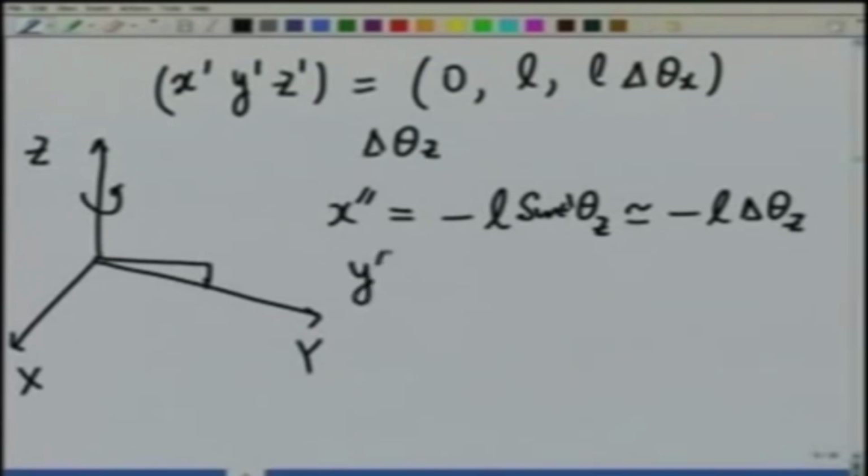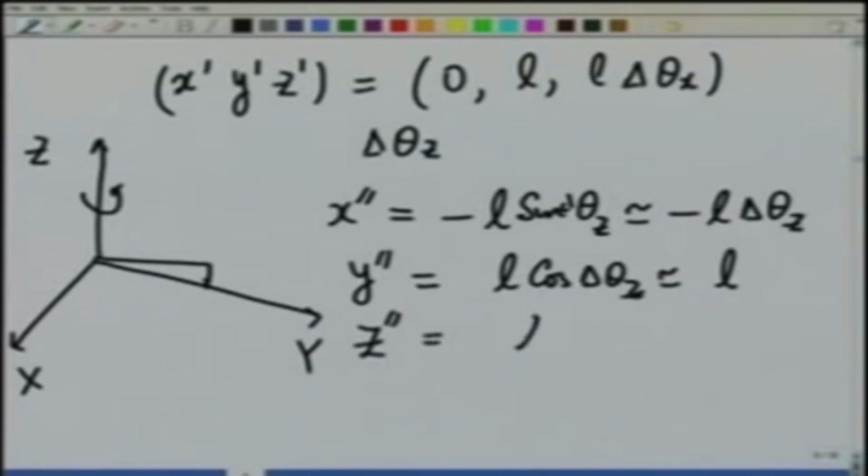Y double prime again is not going to change. So, this will remain L cosine of delta theta z, which is roughly equal to L, and z prime is also not going to change because now it is a rotation about z axis. So, this is going to remain L delta theta x.